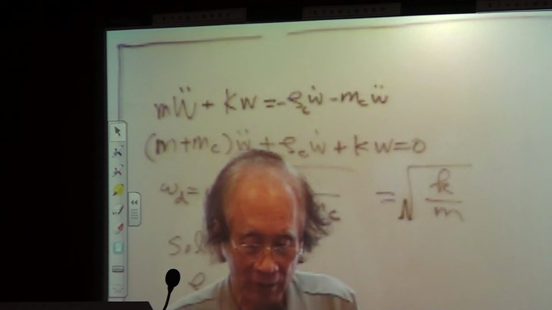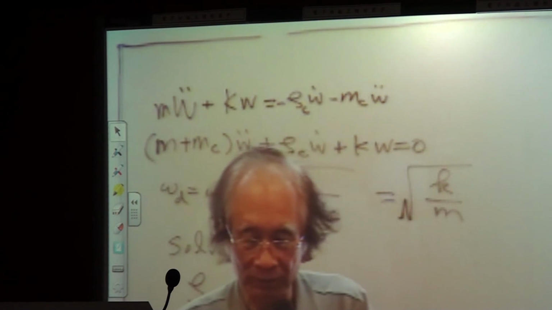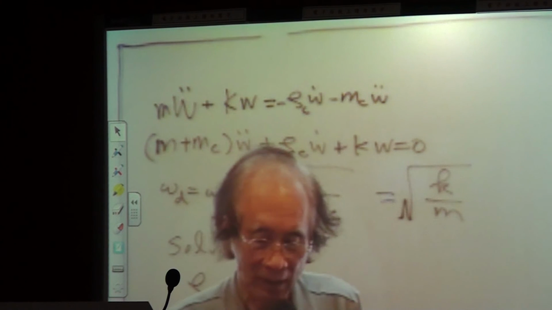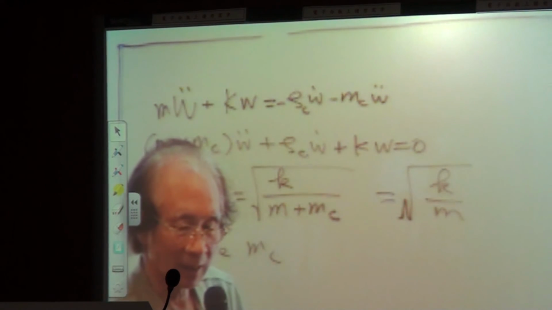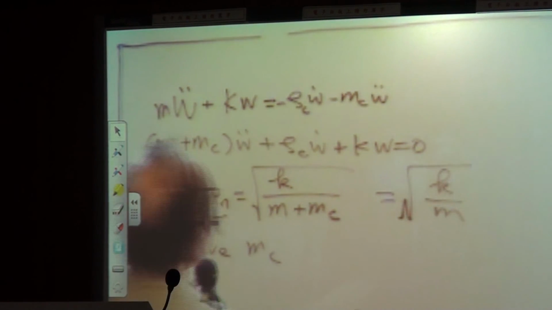I say, okay, now, if I give you this kind of design, this is limited to this, right? I have the accelerometer, so I do have the N plus MC. Well, let me say this.